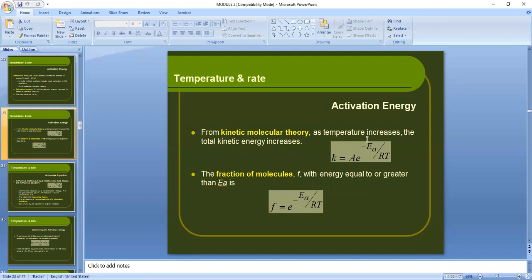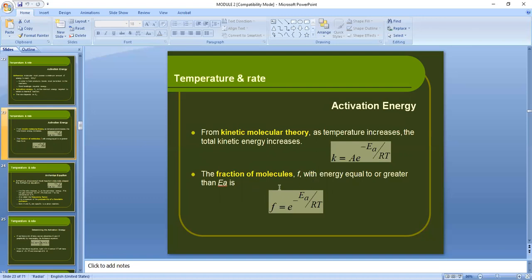And this is the activation energy, this is the absolute temperature, and this is the universal gas constant. That's your rate constant in relation to activation energy and temperature. So as we increase the temperature, of course, it's a given that your rate constant increases.